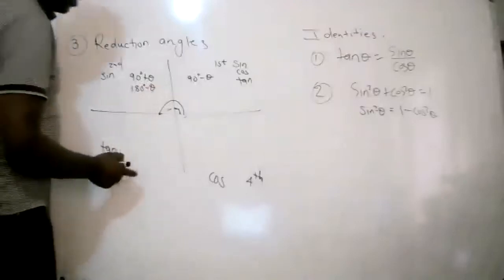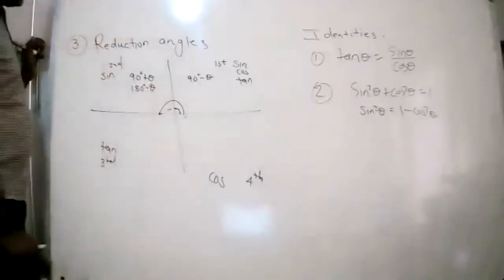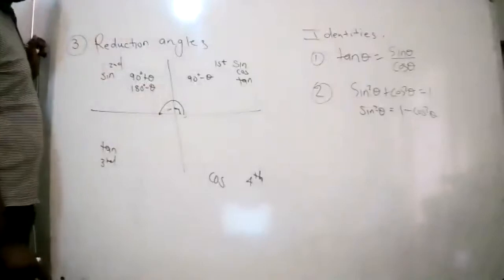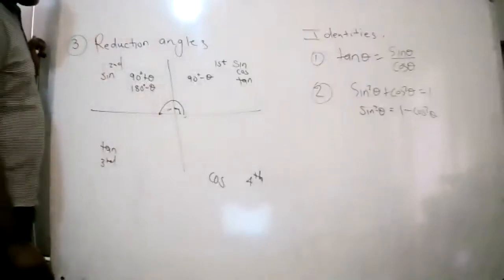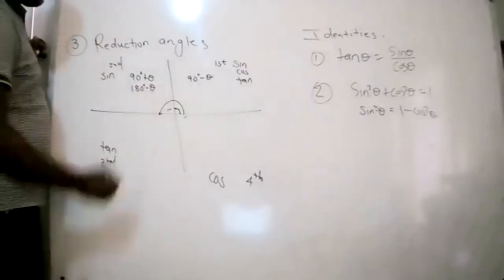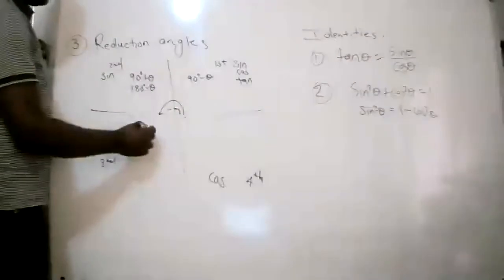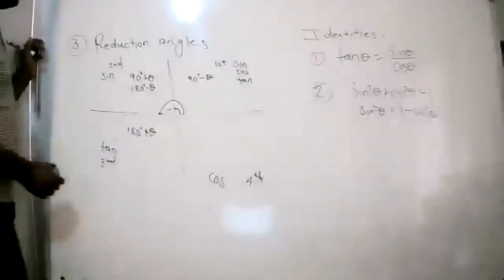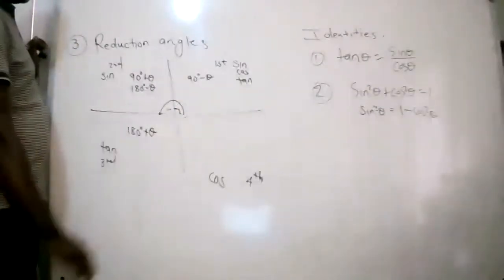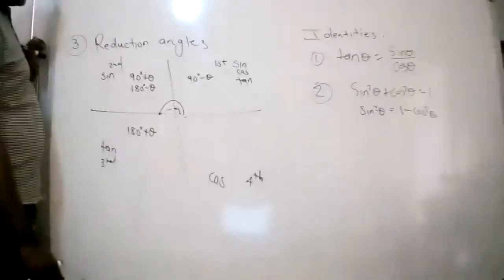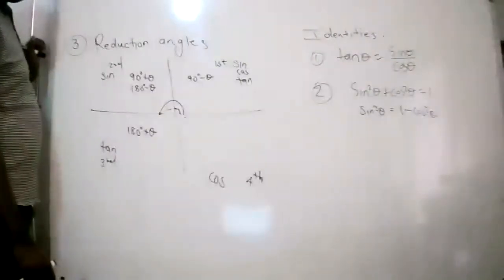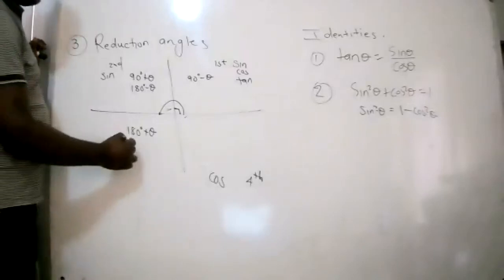And then on the third quadrant, can you tell me which angles we can find on the third quadrant? 180 plus theta. Very true. 180 plus theta we find on the third quadrant. And then do we have another angle we find on the third quadrant? 270 minus theta.